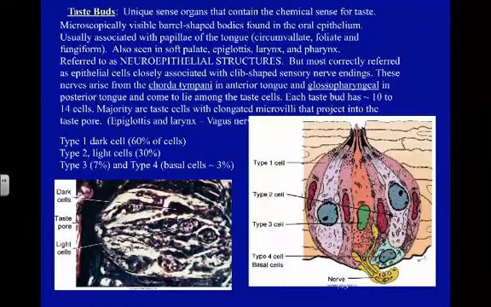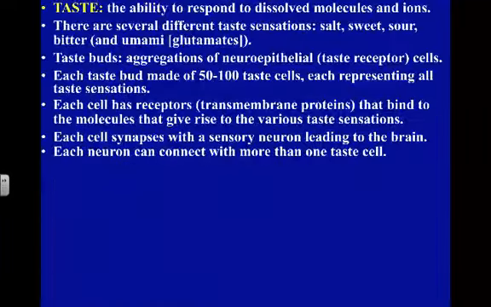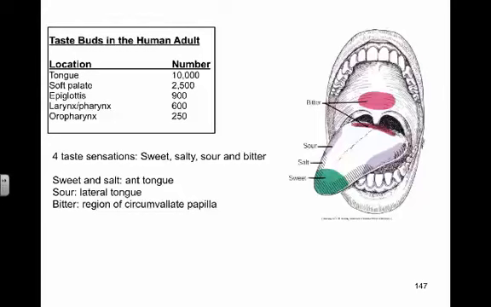I'm going to skip this one because we have too many different types. But taste buds are really neuroepithelial cells. Every taste bud has about 100 taste cells for the most part, very important in terms of transmembrane receptors.